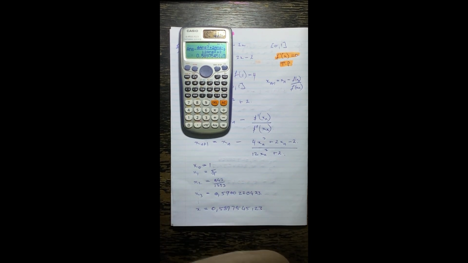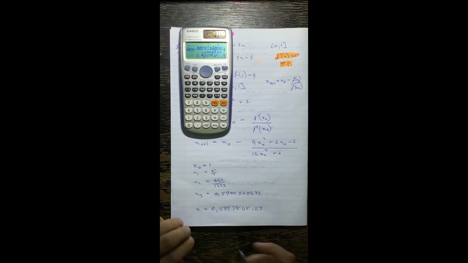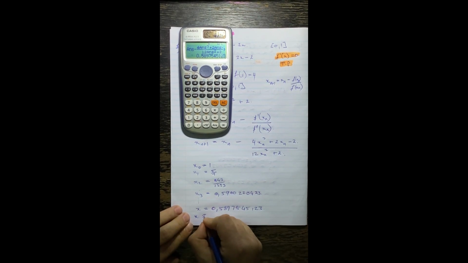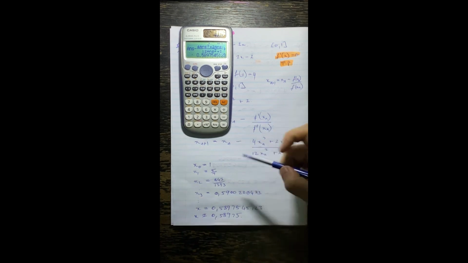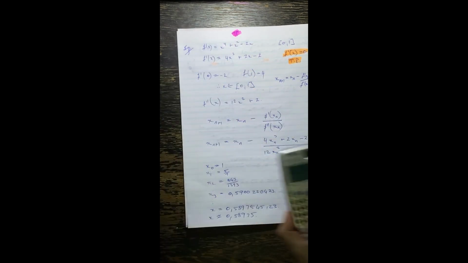Okay, they're not giving us any decimal places. So let me round this off to 5 decimal places. So x is approximately 0.58975. Okay, so now that's the x value for your turning point, for one of the turning points. Okay, guys, and it's as easy as that.